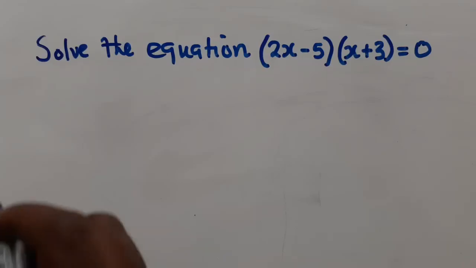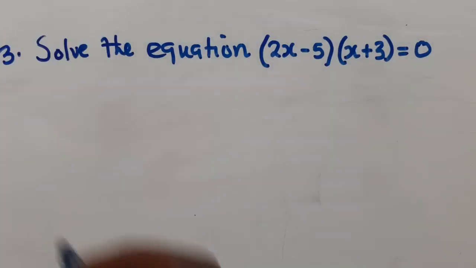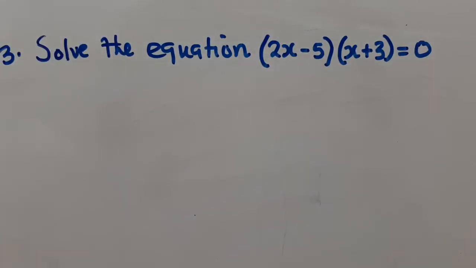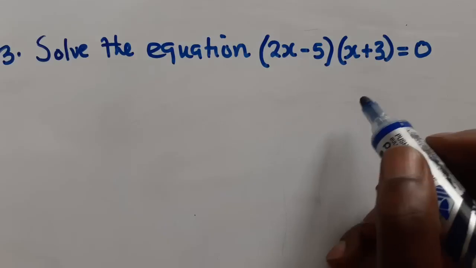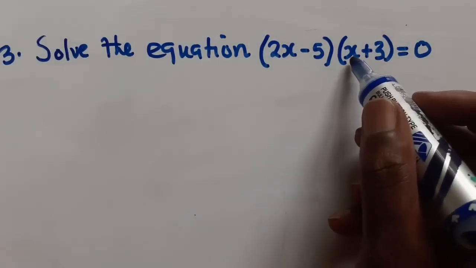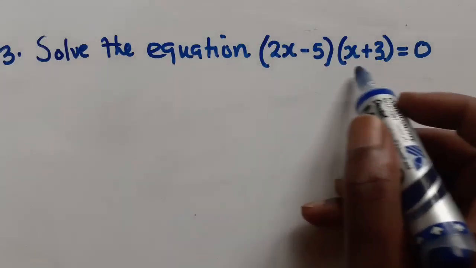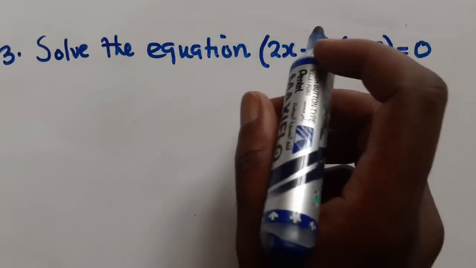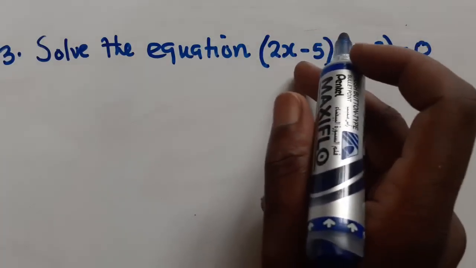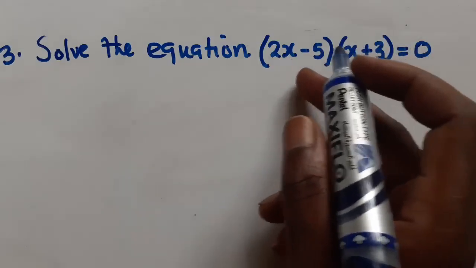So we come to question 3. This is our question 3. Alright, solve the equation 2x minus 5 multiplied by x plus 3 is equals to 0. So in this case, what do we see here? These factors here, we already have 2 factors here. It's like we had the quadratic equation and now it's already factorized.